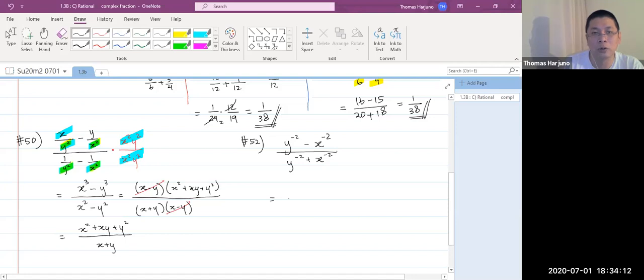No. You have addition and subtraction here. So I'm supposed to rewrite it this way: 1 over y squared minus 1 over x squared for the numerator, and then 1 over y squared plus 1 over x squared for the denominator. Okay, and then from there you go on the way we did number 50.